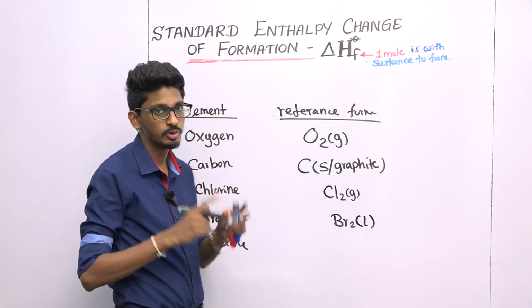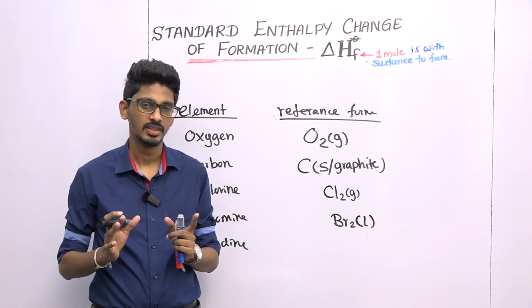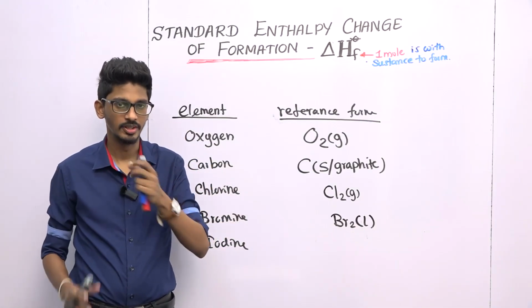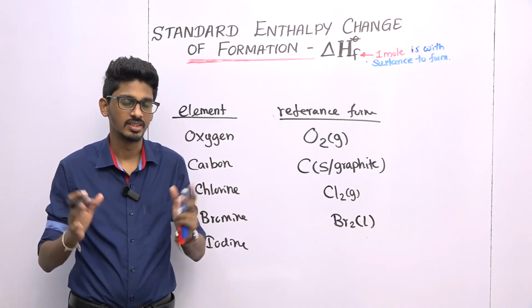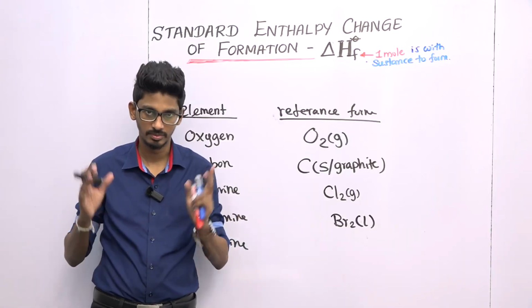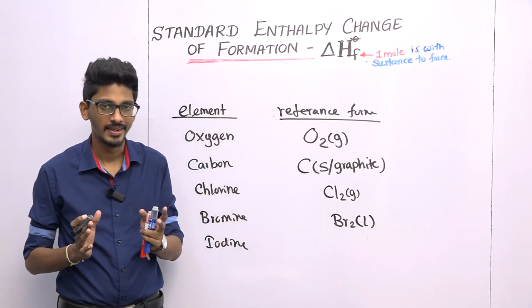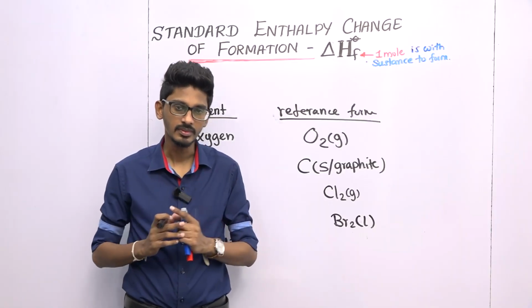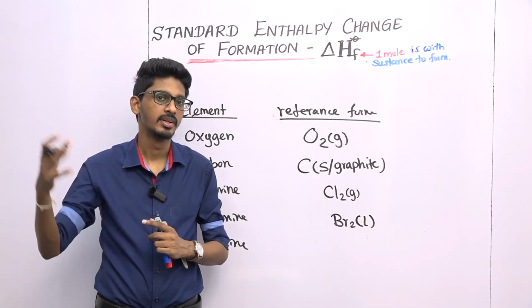Only two elements in the periodic table appear as liquids in room conditions. What are the two? One is bromine, the other is mercury, and mercury is the only metal that appears as a liquid in room conditions. All the other metals appear as solids.